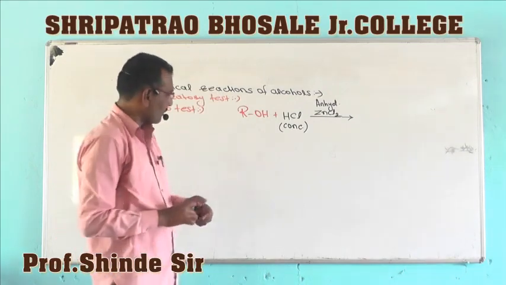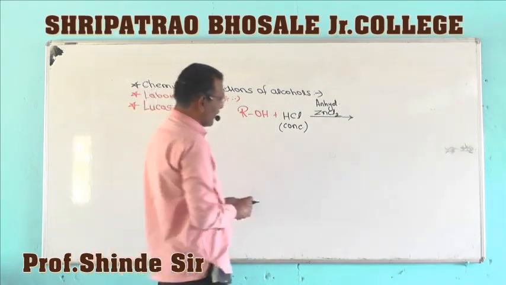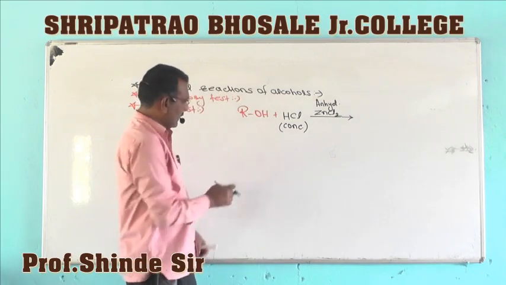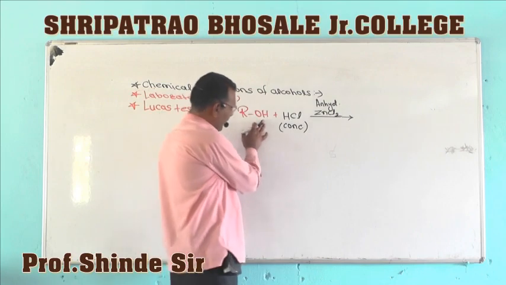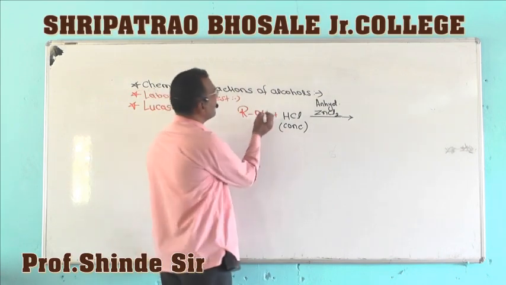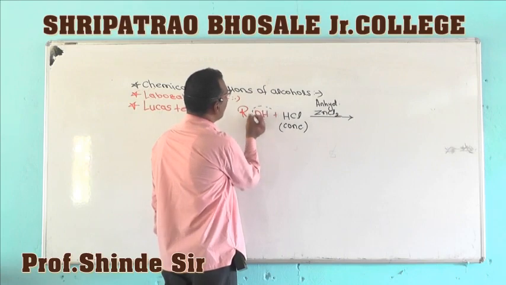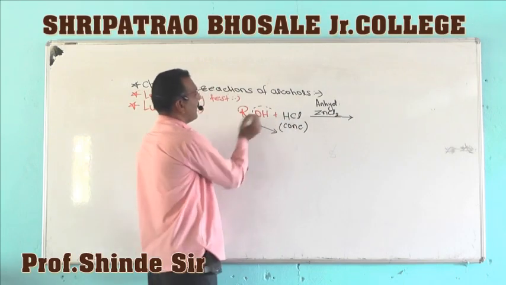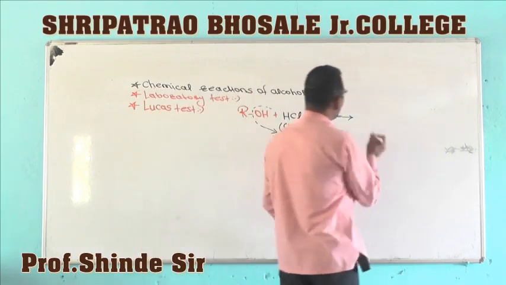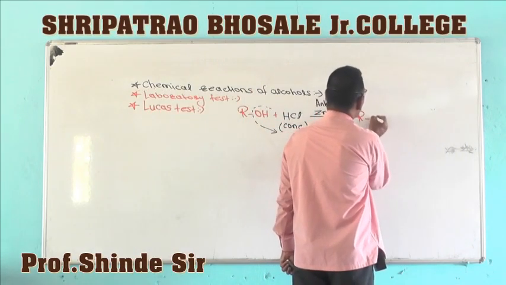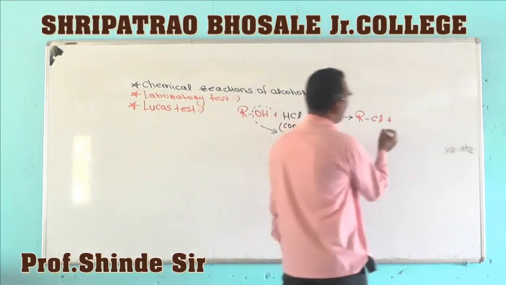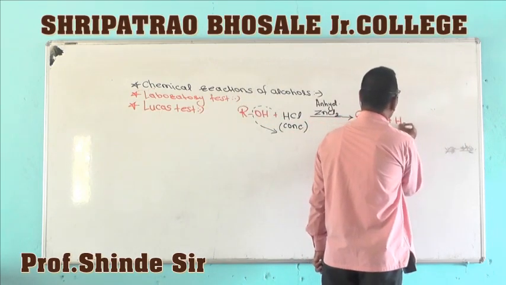So when these alcohols are treated with Lucas reagent, what happens? This reaction is a nucleophilic substitution reaction. The hydroxyl group is replaced by a chloro group, and so the formation of alkyl chloride takes place, plus the formation of H2O, that is a water molecule.